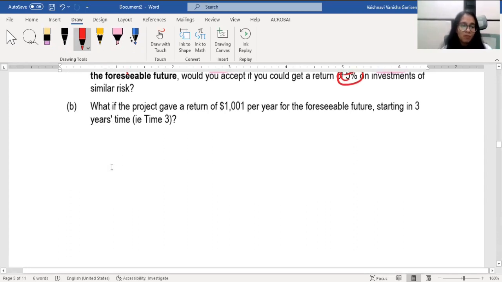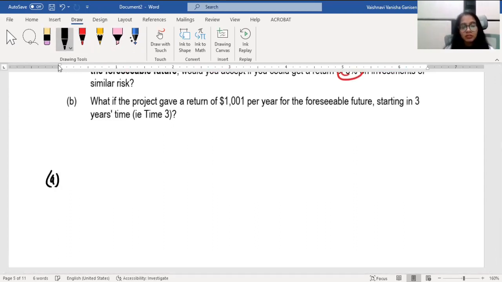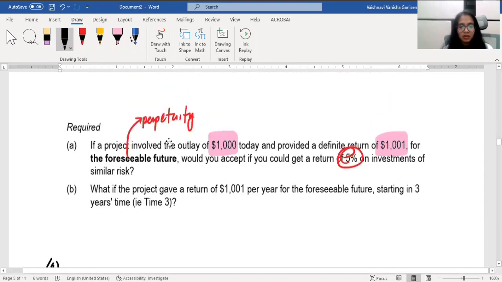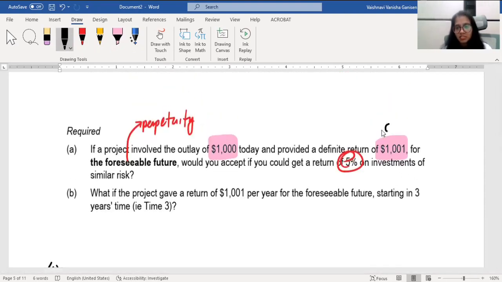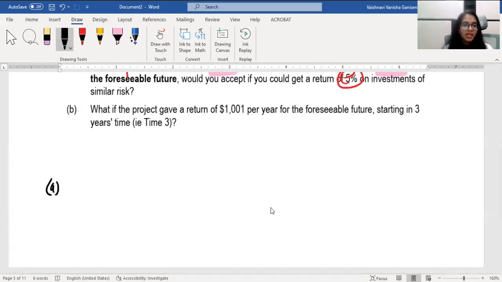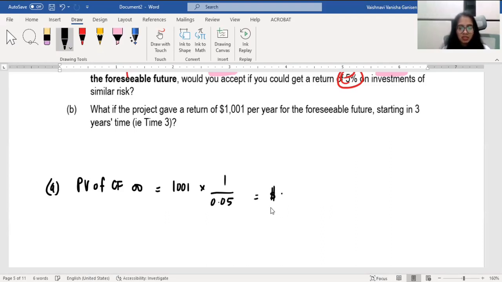Part A is very straightforward. Your cash flow is 1,001. This is your initial investment. So the present value of the cash flow in perpetuity equals 1,001 multiplied by 1 over R, where R is 5%. So 1,001 divided by 0.05, your answer is 20,020.